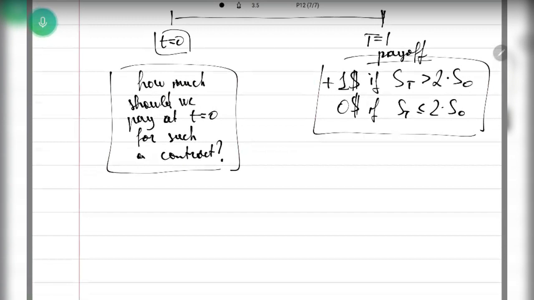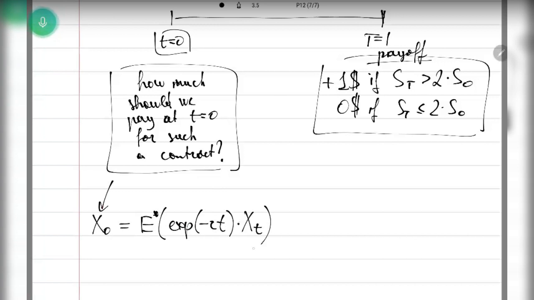It says, just calculate one expected value, and we are done. Okay, X_0, the value of this contract at time 0, we can calculate as expected value star of discounted future value for all T.